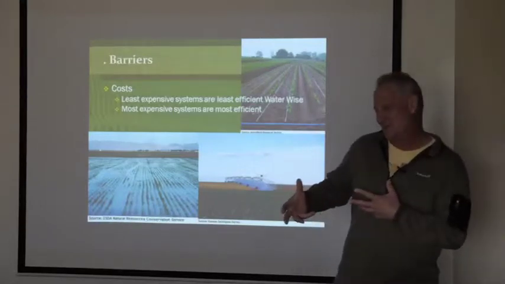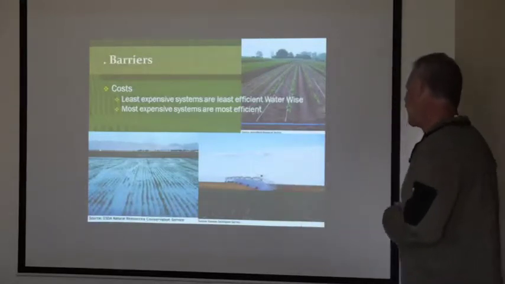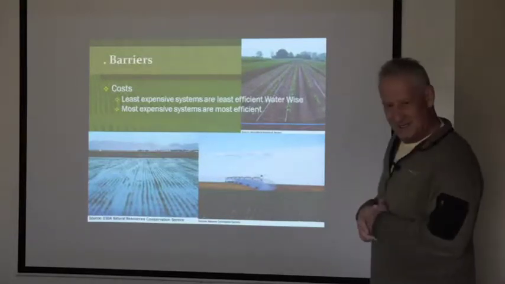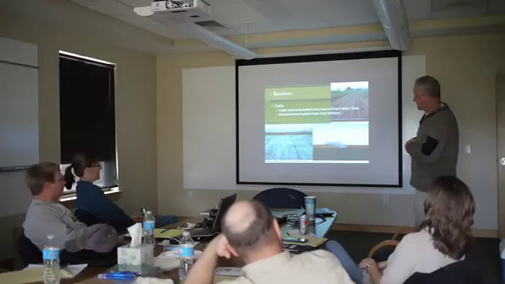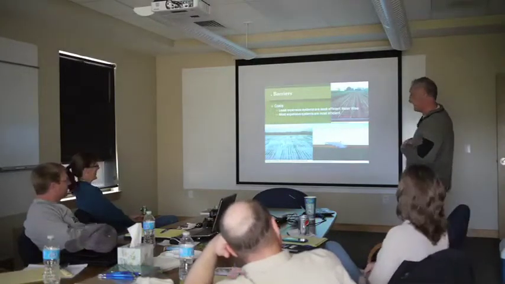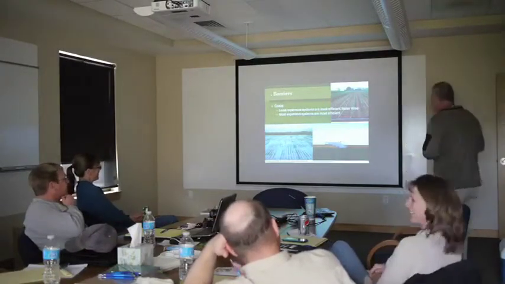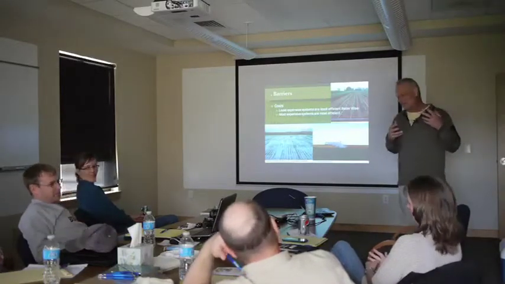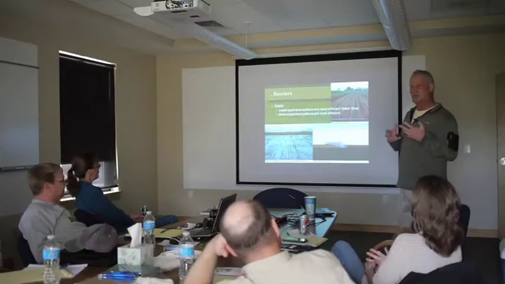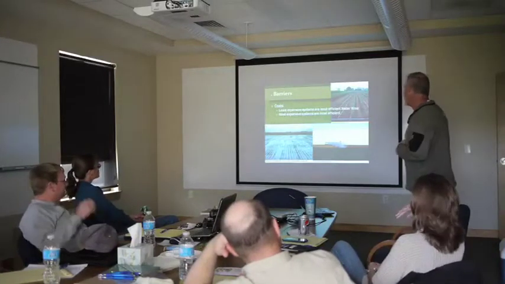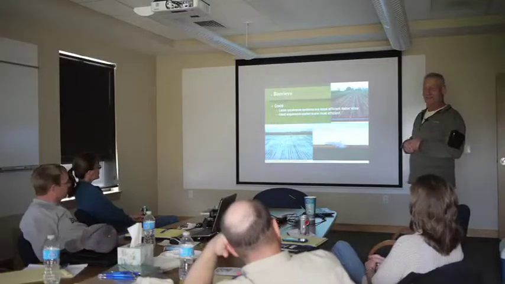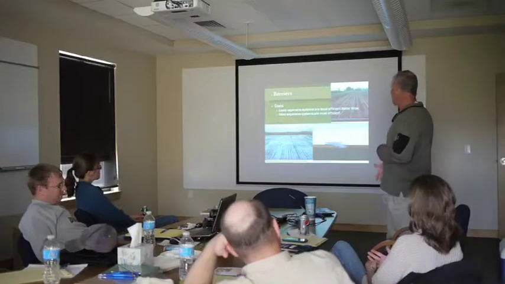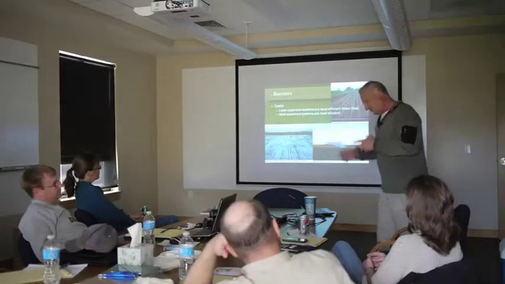So it's not an appropriate picture, because I'm showing flood irrigation, but it might be misleading in terms of the uniformity of flood irrigation. Basically, the more money you put into the system in first cost, the more efficient it is. The pivots are more expensive.